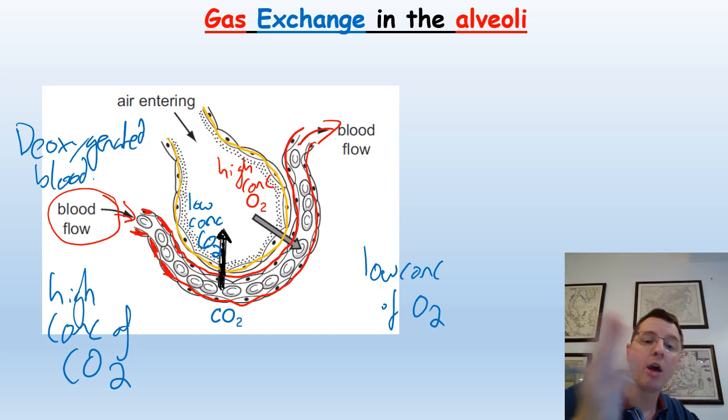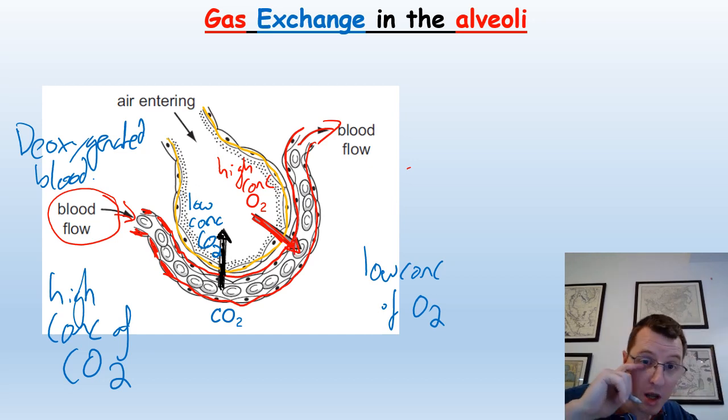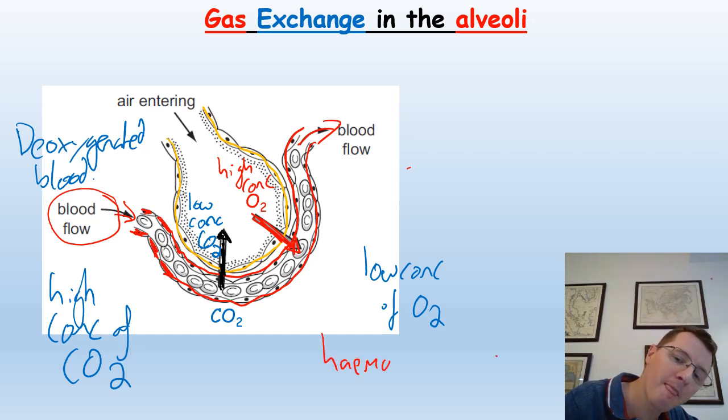So, as we've already said, in the blood there's a low concentration of oxygen, and there's a high concentration of oxygen in the alveoli. So the oxygen will diffuse from the alveoli and into the blood, and in particular it will diffuse into a molecule called hemoglobin, which is found in the red blood cells.